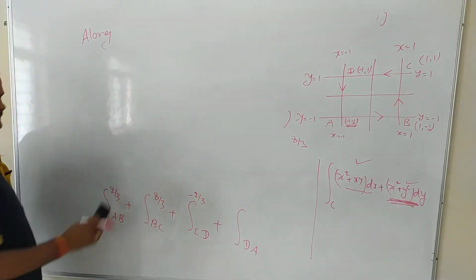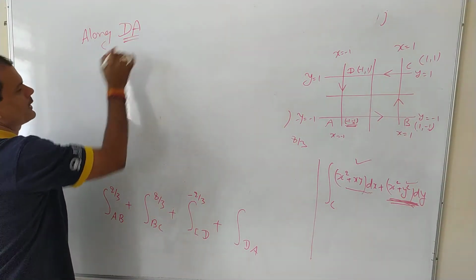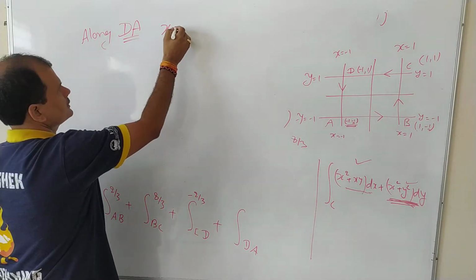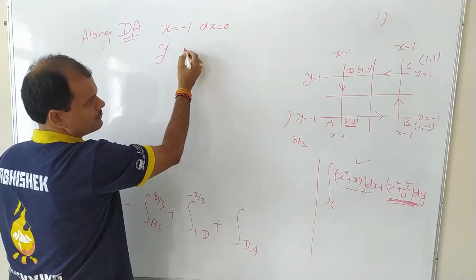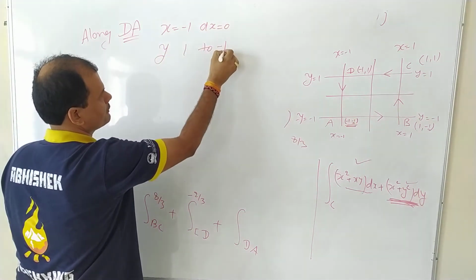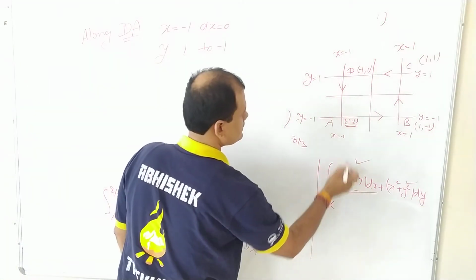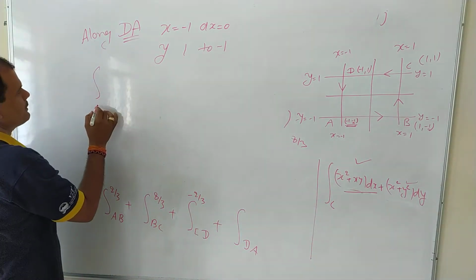Let us see along the DA, last line. Along the DA, what is happening? Your x equal to -1, so dx will be 0, and your y limit will be 1 to -1. Fine. So along this DA, dx is 0, so we get only the dy part.